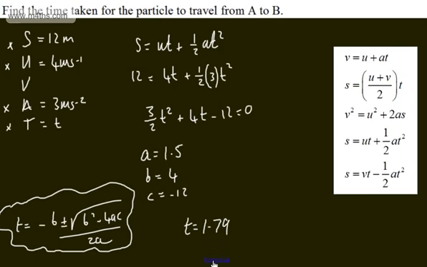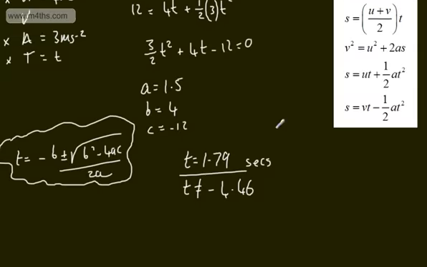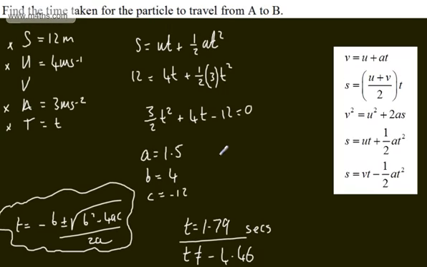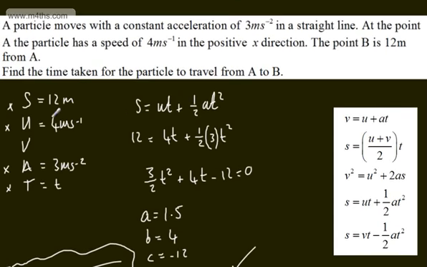Now t cannot be a negative value, so t cannot be equal to -4.46. Therefore we've got 1.79 seconds. So a slightly harder example, but all we're doing is finding the possible values of t. One is positive, one is negative, therefore we take the positive one, as t must be a positive value. As interesting as it would be, we can't go back in time.